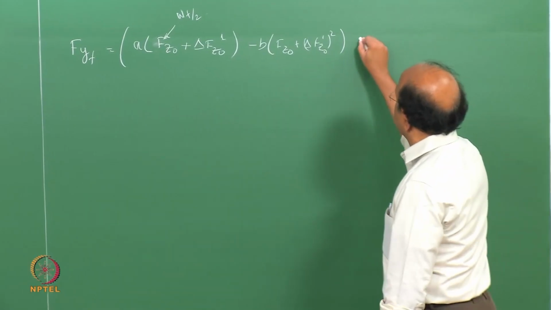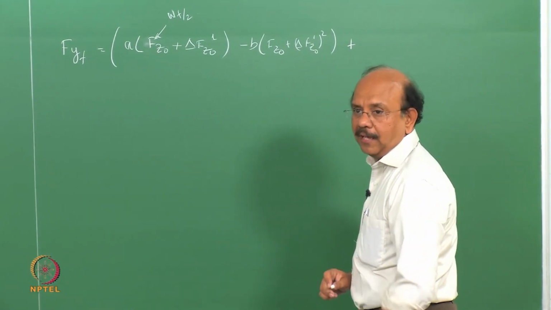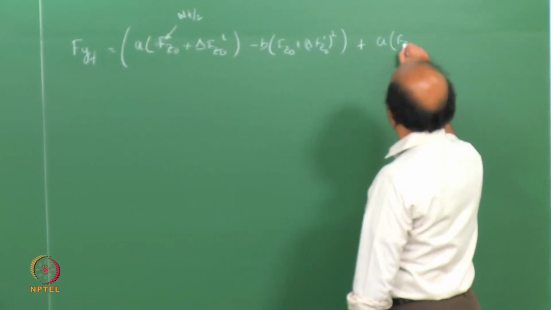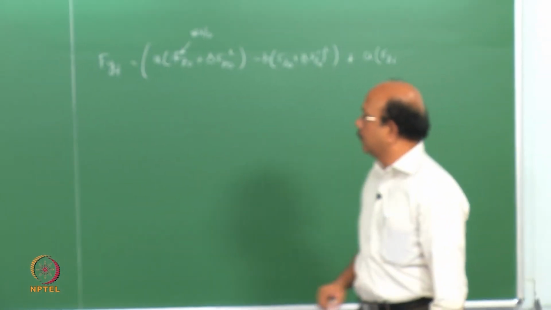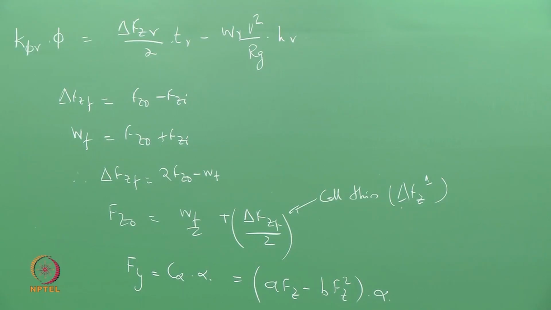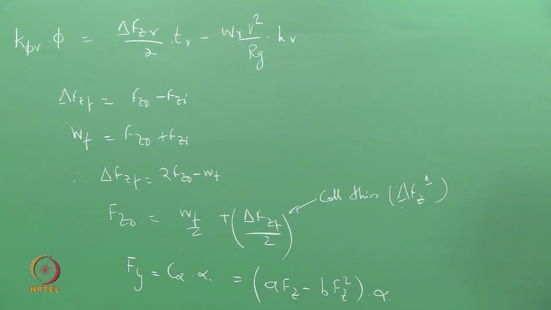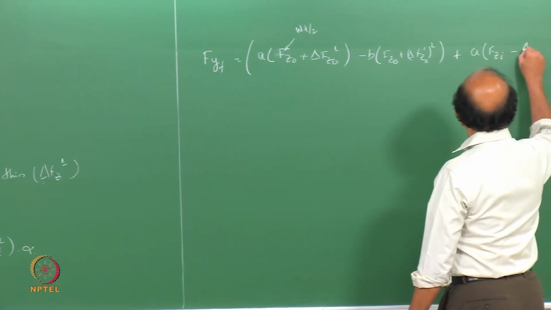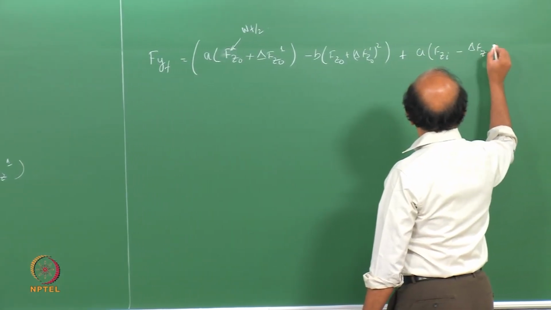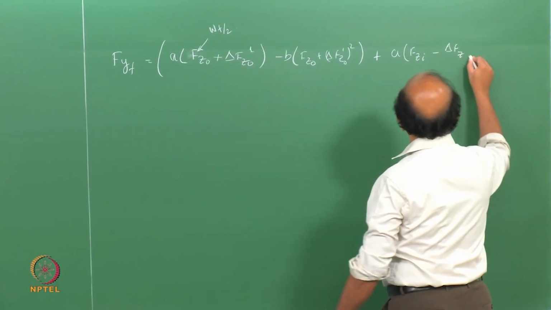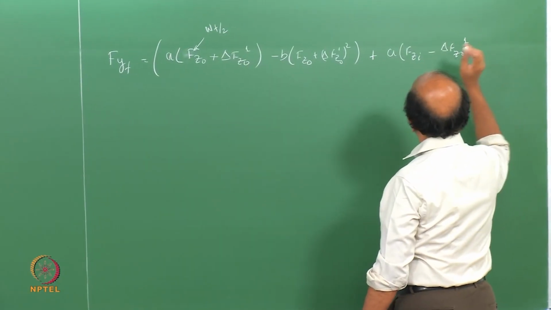And then I have to add the inner tire, that is A into Fz inner, which would become now, look at that, Fz inner becomes Fz minus delta Fz, which is the same as delta Fz outer, the same thing.